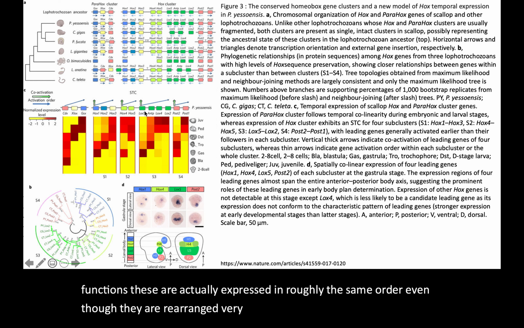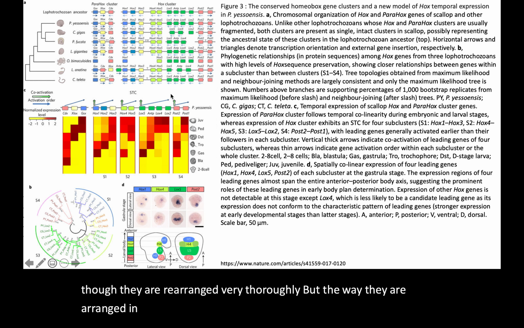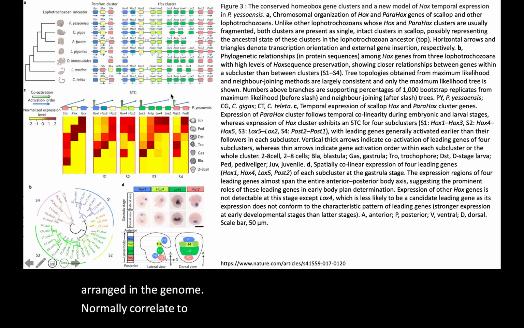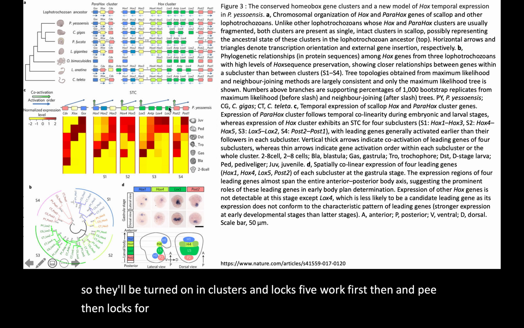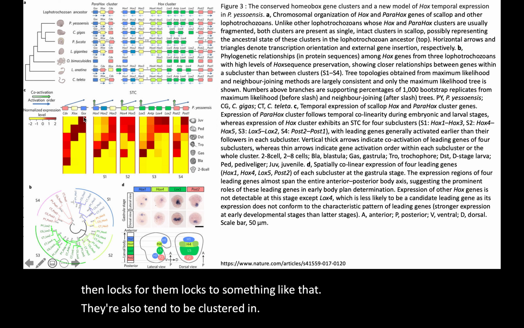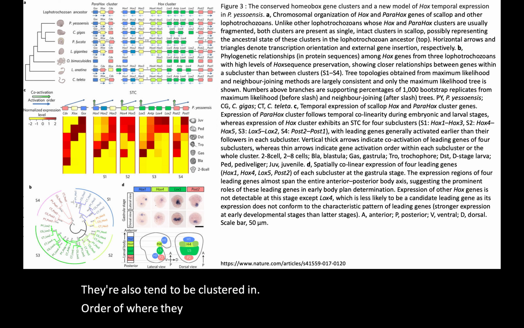But the way they're arranged in the genome normally correlates to the order in which you find them expressed. And so they'll be turned on in clusters, and like Lox5 will work first, then Antp, then Lox4, then Lox2, something like that. They also tend to be clustered in order of where they appear on the animal.